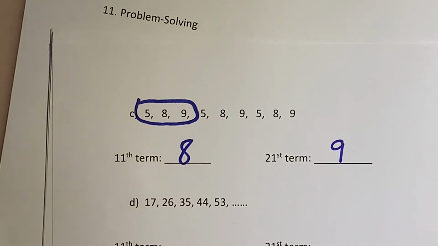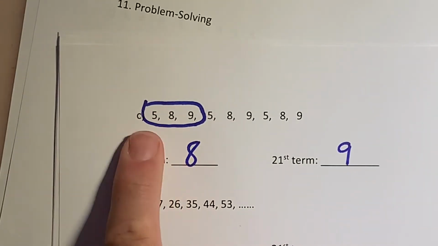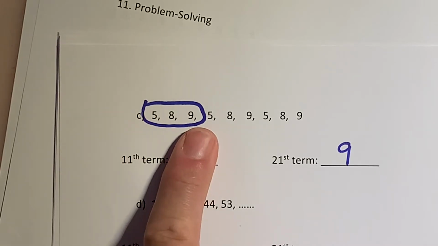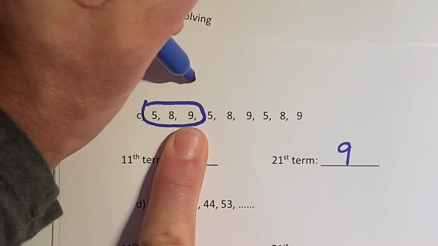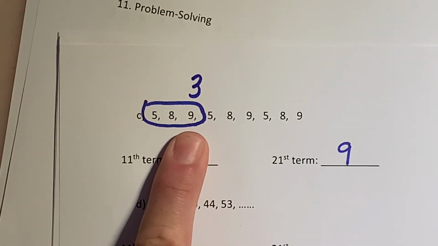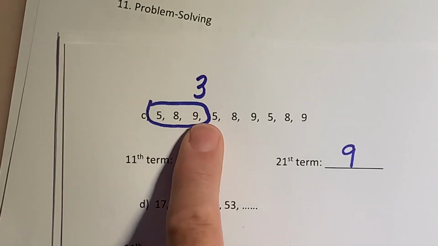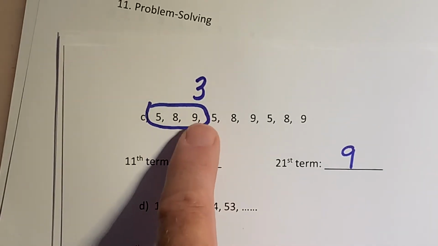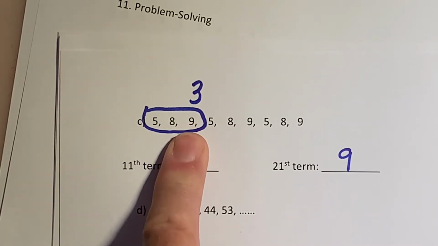We talked about a shortcut is we look at the length of the core. In this case, the length of the core is 3 digits. So we focus on the last digit in the core. And because it's 3 digits, we just count by 3s. So this is going to be the 3rd term, the 6th term, the 9th, the 12th, the 15th, the 18th, the 21st term.